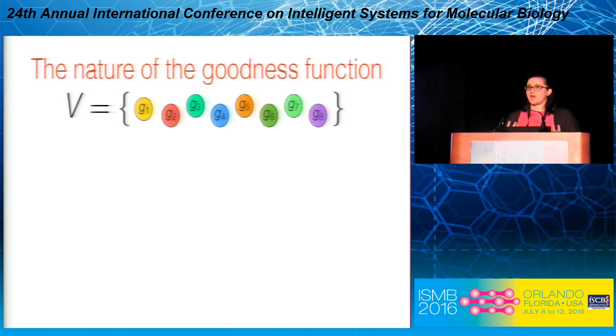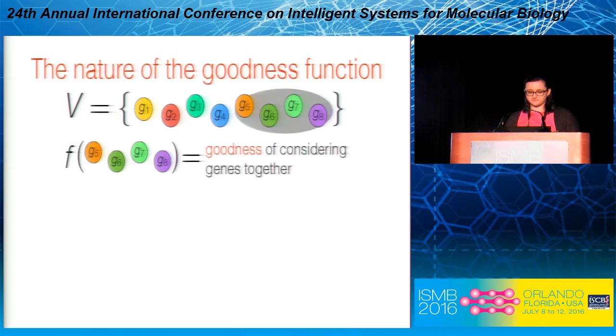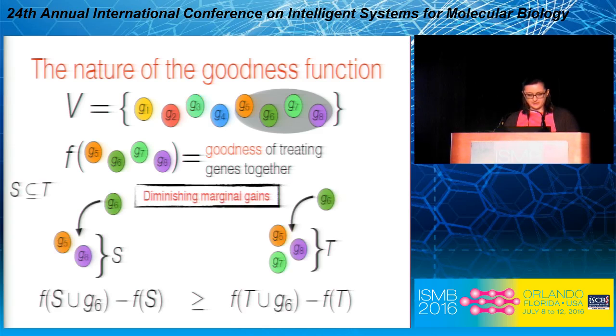Suppose we have a set of candidates, and this set contains eight objects. Just for ease of representation, let's say that there are 8 genes, G1 to G8. And we have a function F, and for some reason we would like to evaluate the utility of 4 genes, G5 to G8, and measure how good a module they represent with respect to some pivots, which are not shown here.